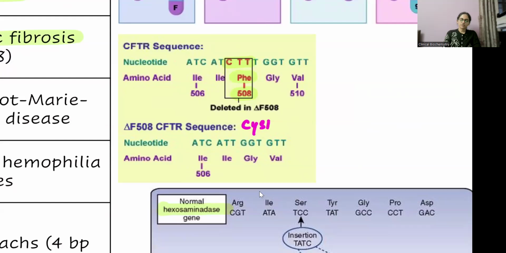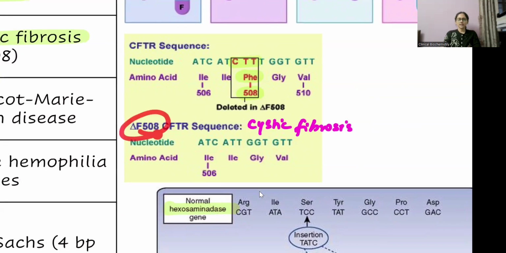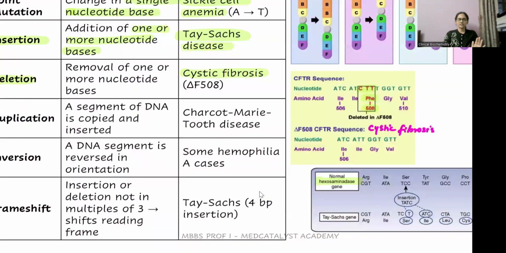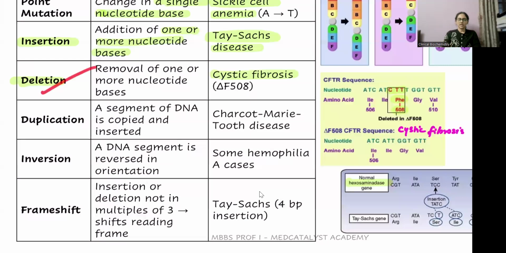In cystic fibrosis, the CFTR gene is mutated. How is it getting mutated? This CTT itself is not here. It should have been here, right? It's not here. So that is deletion. So 3 nucleotides are deleted. So one codon is deleted at the 508 position. So that is what happens in cystic fibrosis, and it's an example of deletion.